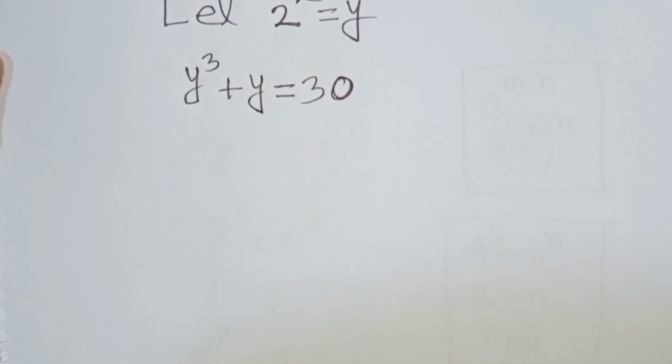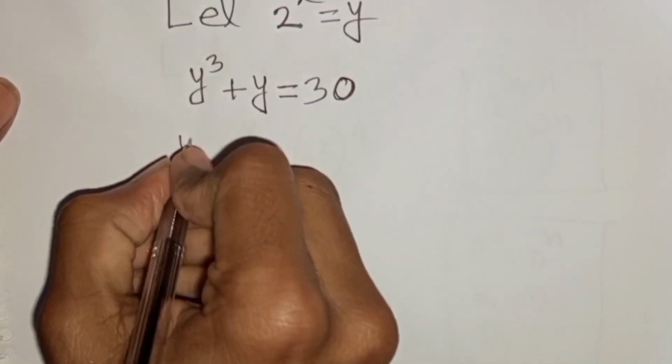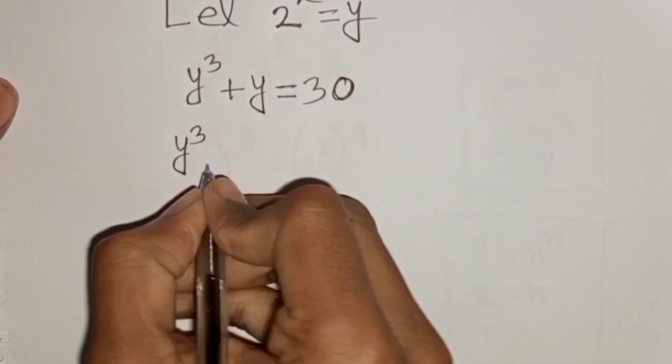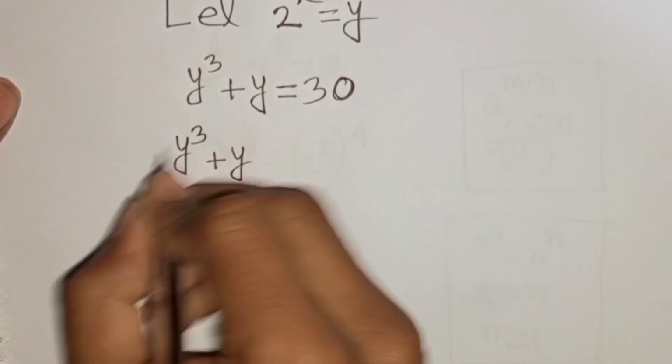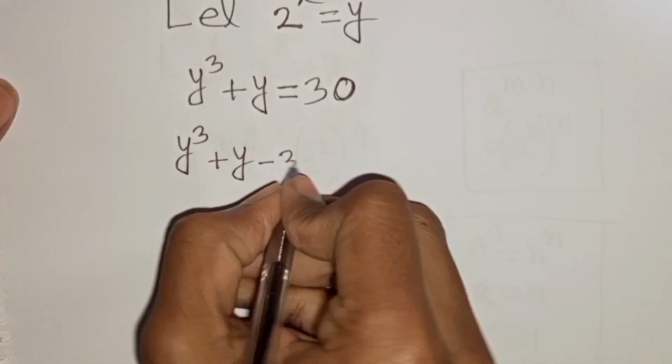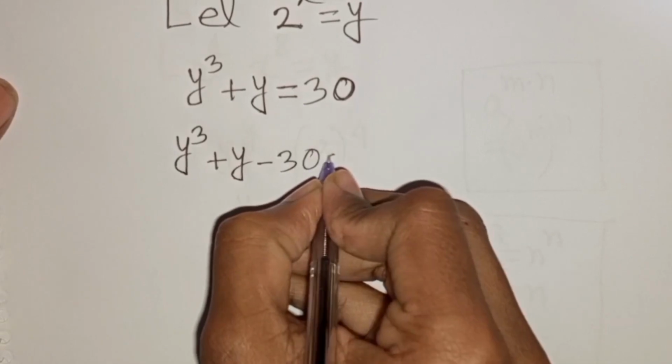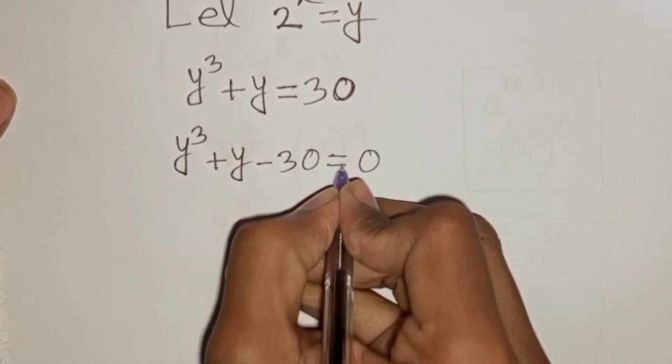Now I can write here y cube plus y, then this plus 30 taken to the left side will be minus 30, is equal to 0.